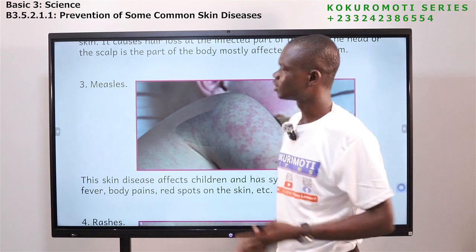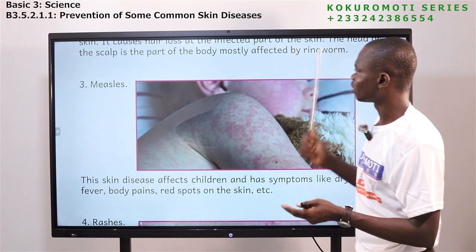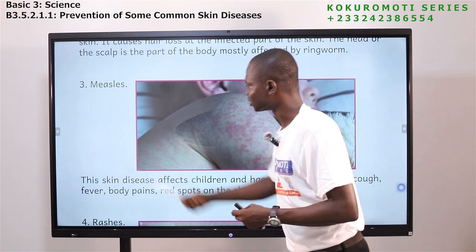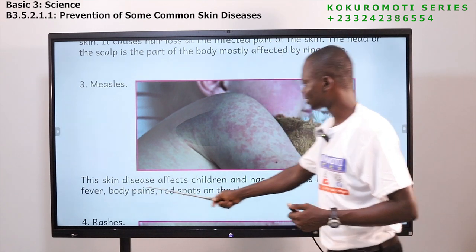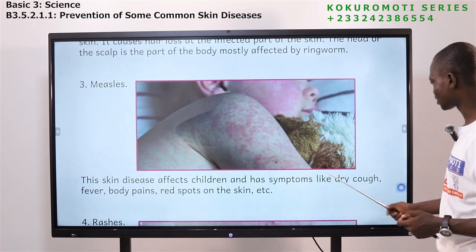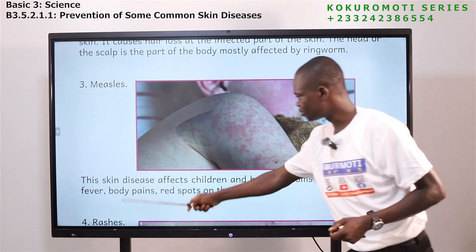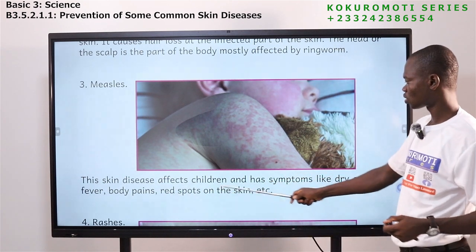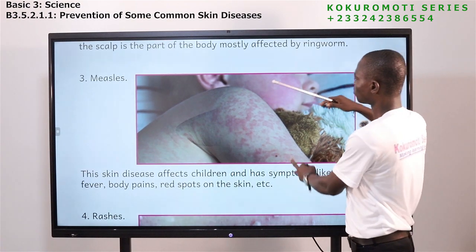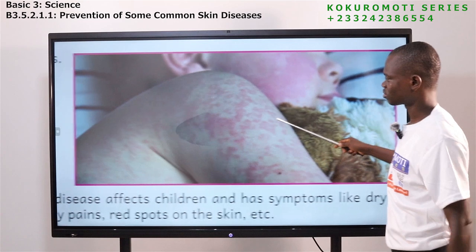Okay, so the next one is what? Measles. We have looked at chickenpox, we have looked at ringworm. The next one is measles. This skin disease affects children and has symptoms like dry cough, fever, body pains, red spots on the skin. Look at the boy here. In fact, the boy is suffering.